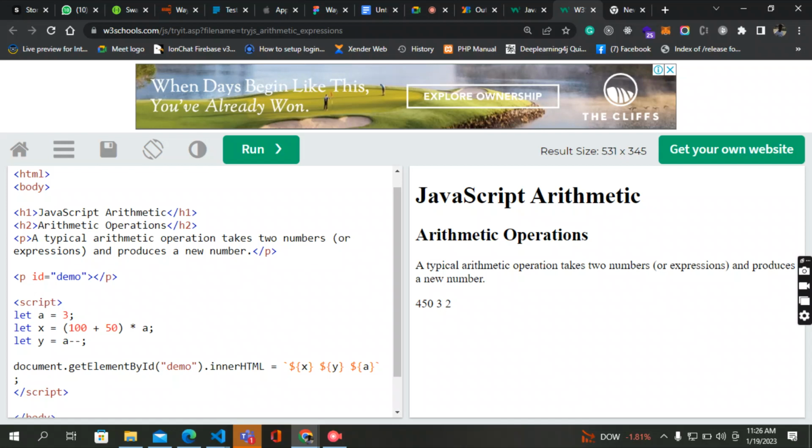Okay, so let's say I'm coming on x, multiply. Coming on.